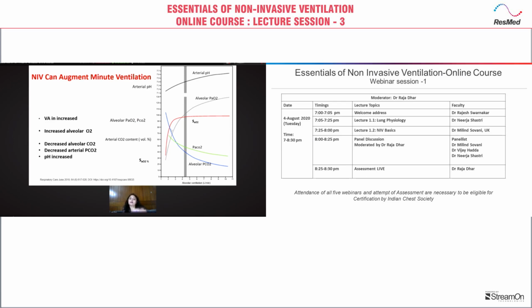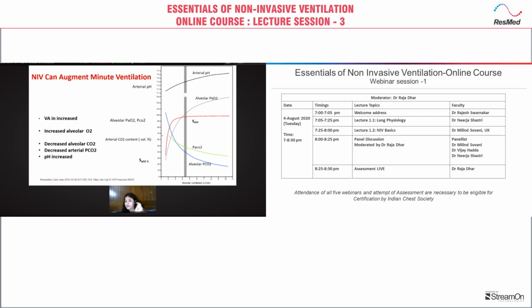This gray part is your alveolar oxygen. Obviously, the alveolar oxygen is going to be increased. But with the increase in minute ventilation, you have decreased arterial carbon dioxide.